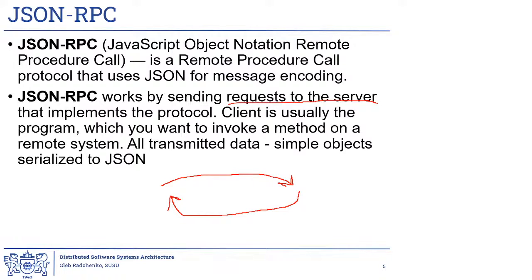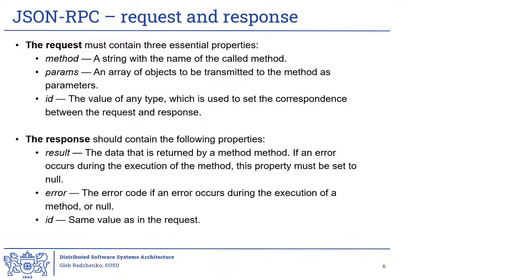You send your data, the server receives the data, and it sends data back. This communication pattern is called the request-response pattern. You can see here the JSON-RPC request-response pattern.